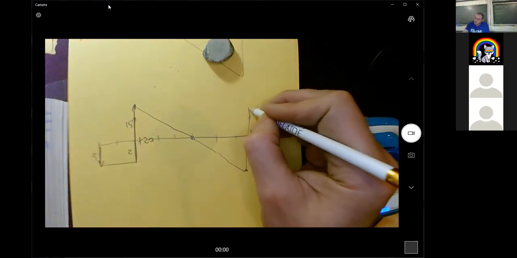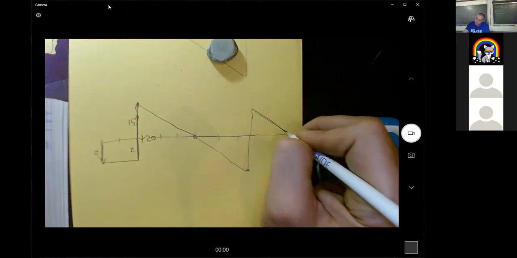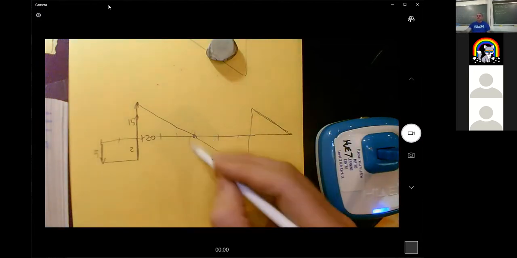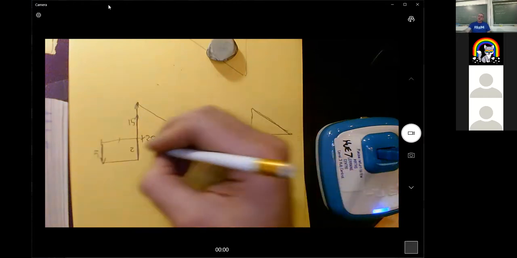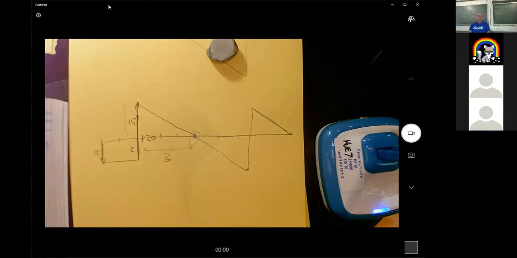That's now 10. And then we go down 2 lots of 5 here because the distributed loading is still coming. And this is the point. And because the slope here is 5 down for every 1 across, this distance must be 3 because we went down 3 lots of 5.